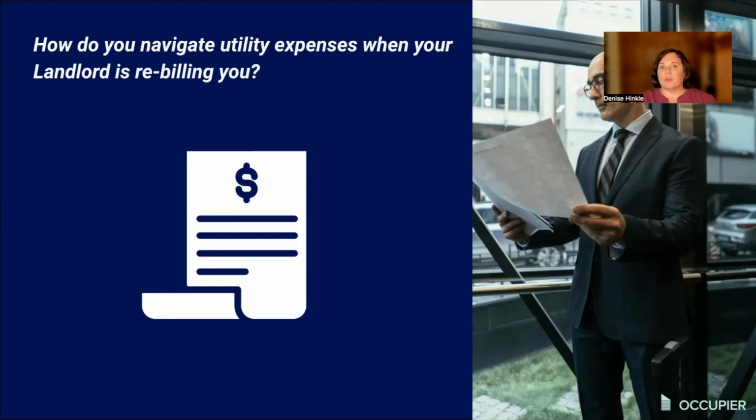Bonus area number 2 is percentage rent audits. So for tenants that are retail tenants that are responsible for paying percentage rent, it's one of those areas I think can be overlooked when you're considering areas where you want to make sure that the economics are true to what you agreed upon in the lease.